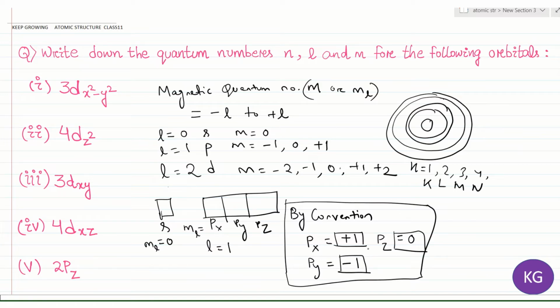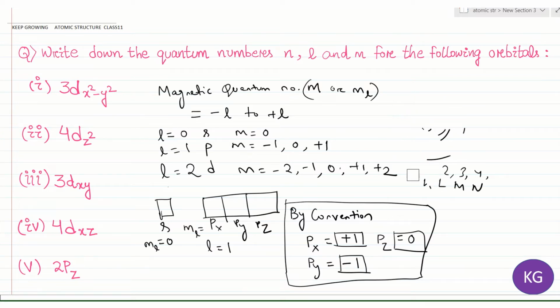Then, like this, for the d orbital, by convention, l equal to 2 means it will be a d orbital.